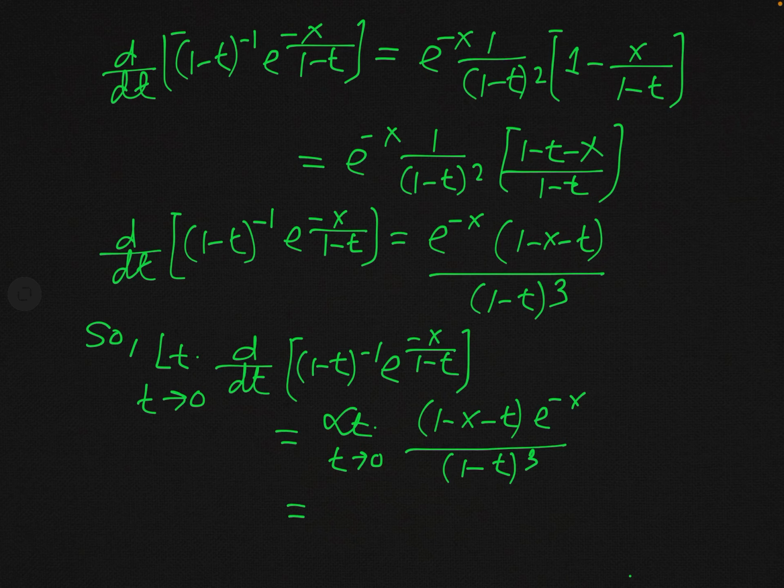And so you can see when we put t equal to 0, then this expression will be simply (1 minus x) times e raised to the power minus x over 1, because t is now 0.